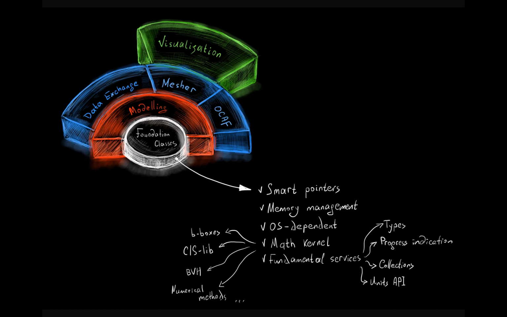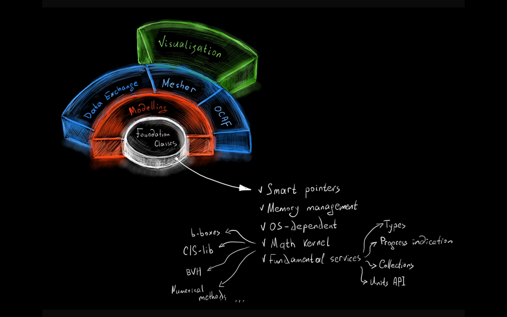Then the fundamental piece of foundation classes is the math kernel. Here in math kernel we have different functionality to work with bounding boxes of our objects, to evaluate elementary curves and surfaces. Also we have the bounding volume hierarchy, which is a very amazing accelerating data structure which allows you to speed up your computation tremendously.